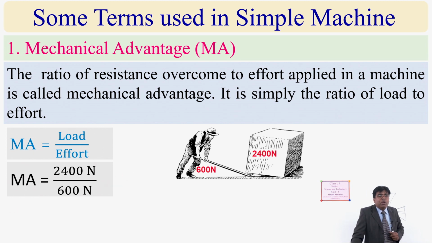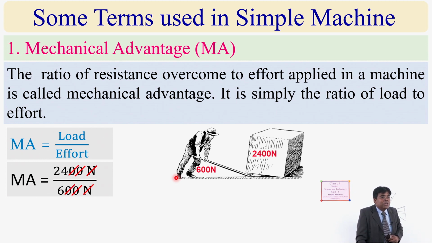Okay, so very simply, the value of load is 2400 Newton. Value of effort here is 600 Newton. After then, if you do a simple calculation, this Newton and Newton cancel each other. In the same way, this 0 and the 0 cancel each other. Another 0 is cancelled by another one.